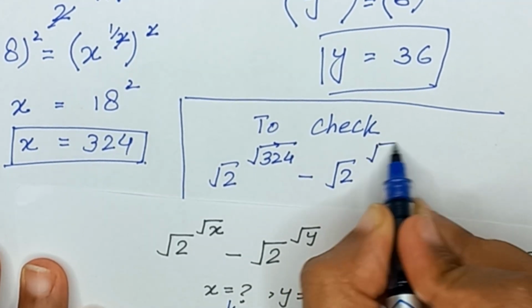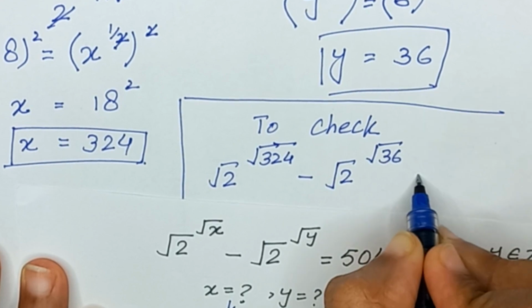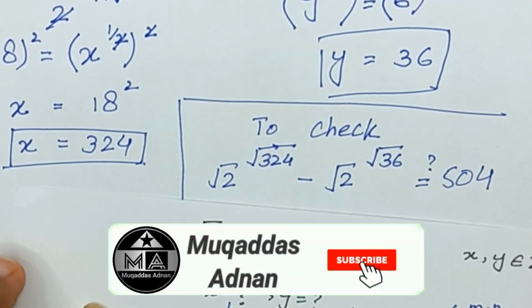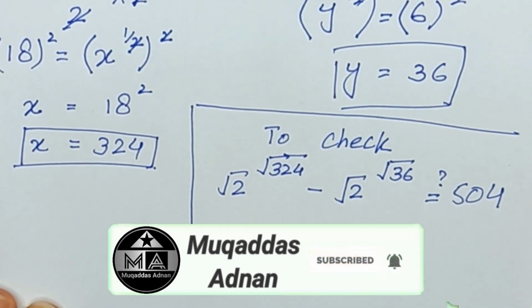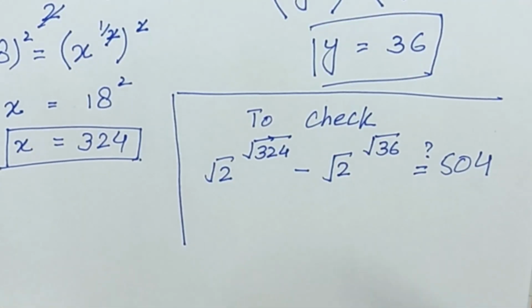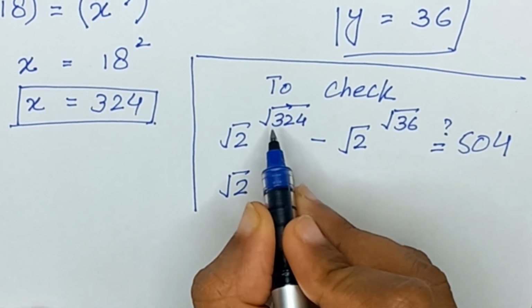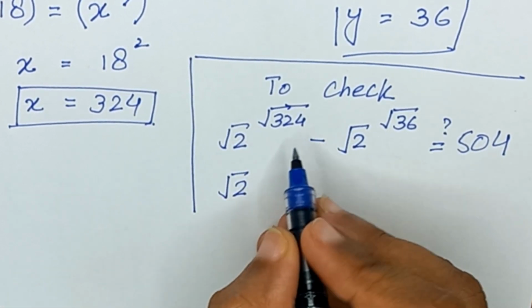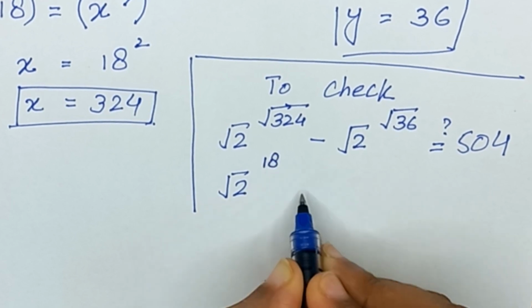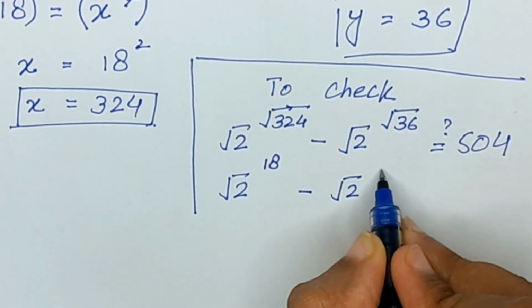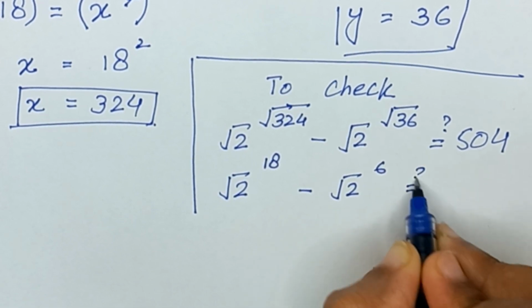So square root of y means square root of 36, and we have to check whether it will be equal to 504 or not. So square root of 2 raised to the power square root of 324, which is 18, minus square root of 2 raised to the power square root of 36, which is the same as 6, and will it be equal to 504 or not?